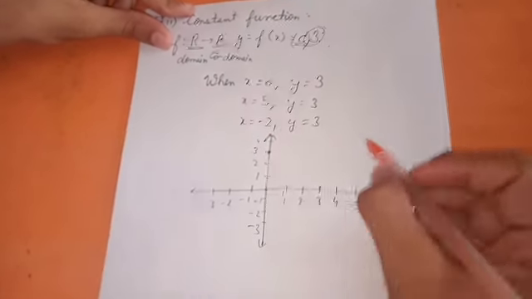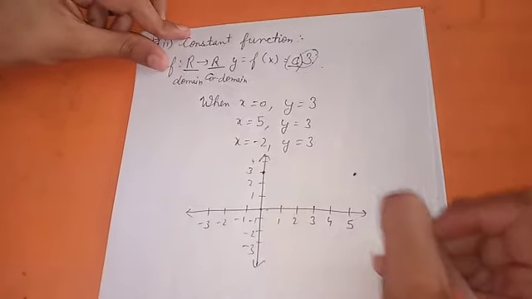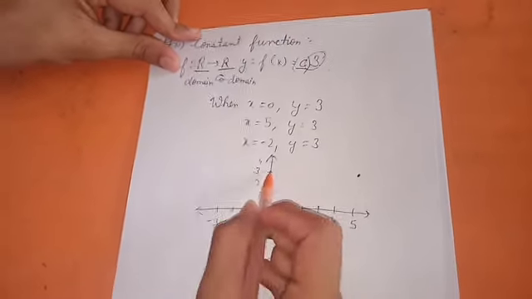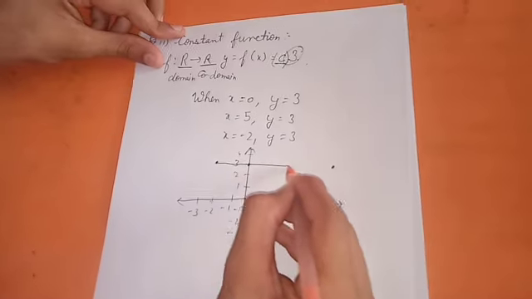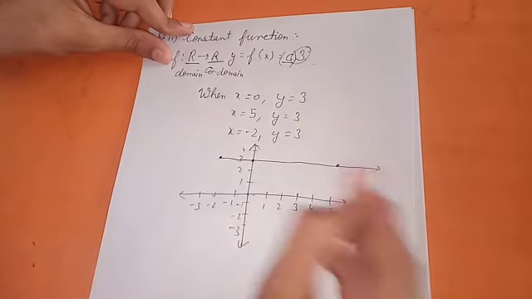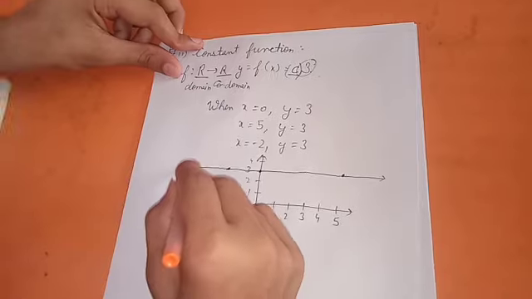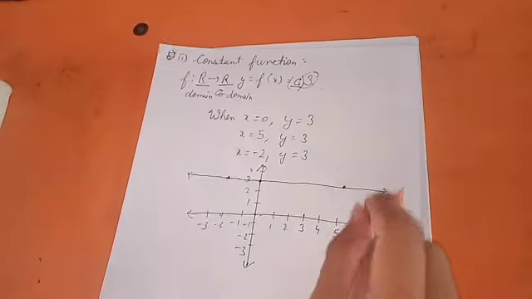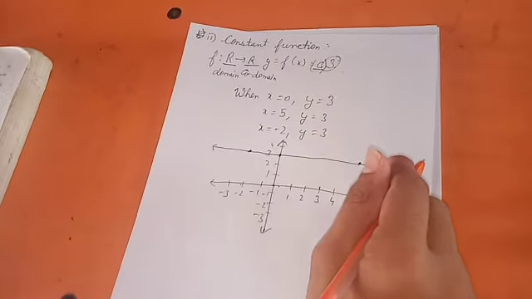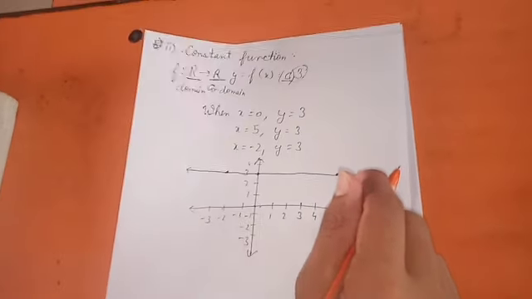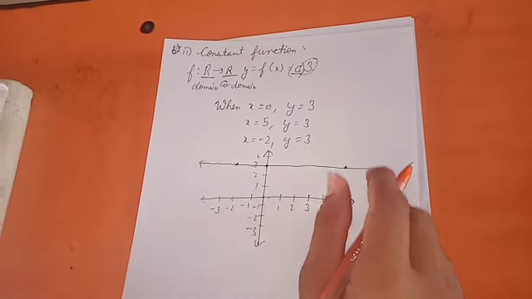When x is 5, y is 3, here. X is minus 2, y is again 3, here. So what we get is a straight line, okay, that will be parallel to x-axis. Okay. So this is our constant function.